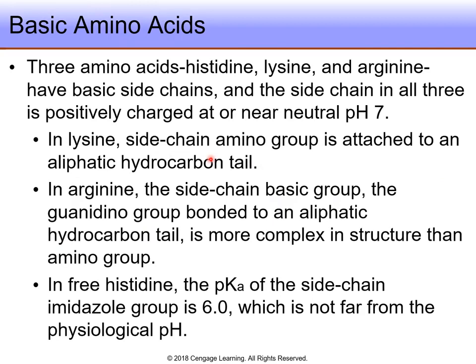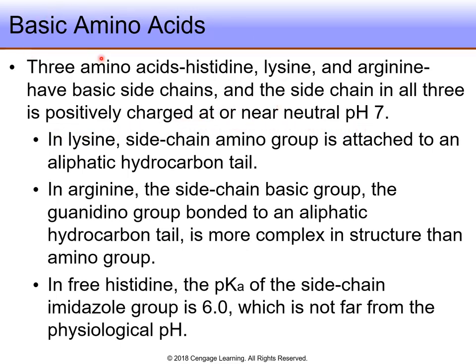Now the other 3 amino acids are classified as basic amino acids. These are histidine, lysine, and arginine. They have basic side chains, and the side chain in all 3 is positively charged at or near neutral pH.